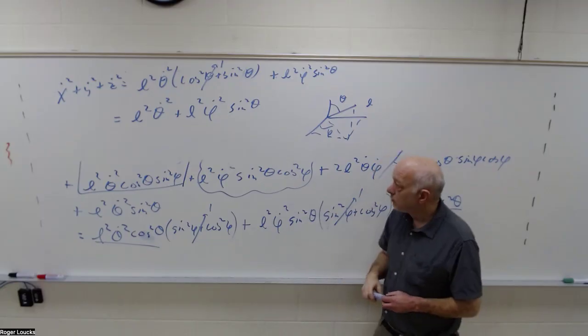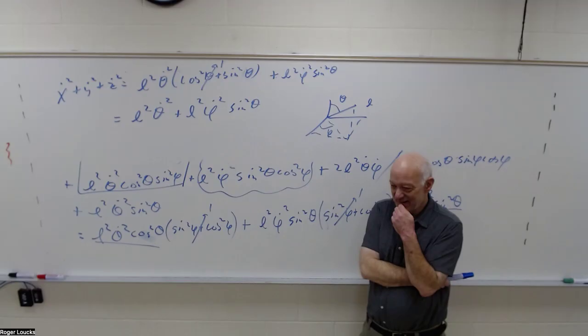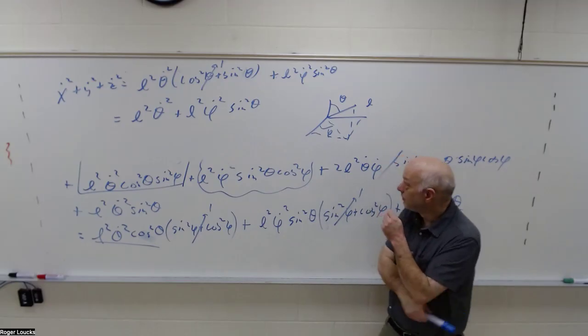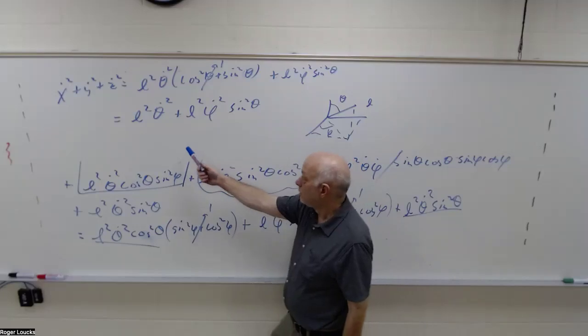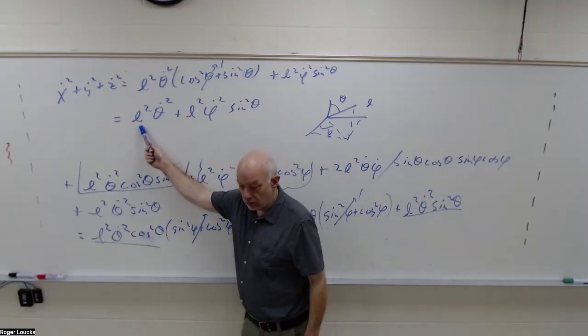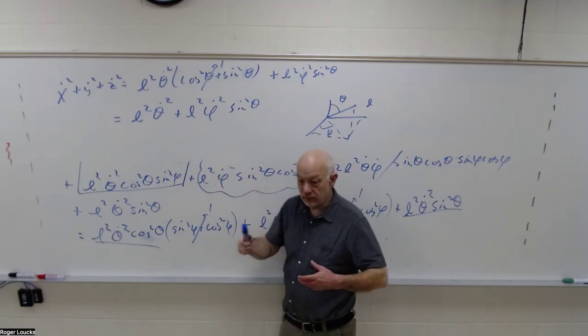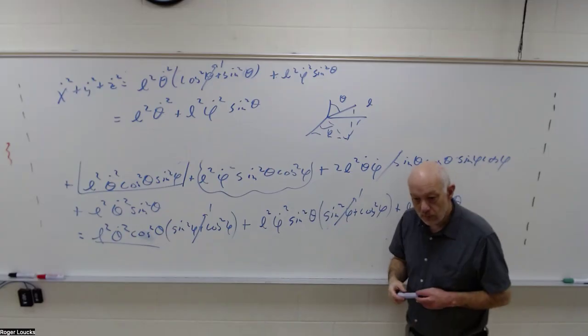That makes sense. But why is this R omega too? The L sine of theta is the R here, and then you have the omega here, the phi dot. So this is R omega in the theta direction, and this is R omega in the phi direction. Not too surprising that they just independently come out squared. That makes sense?